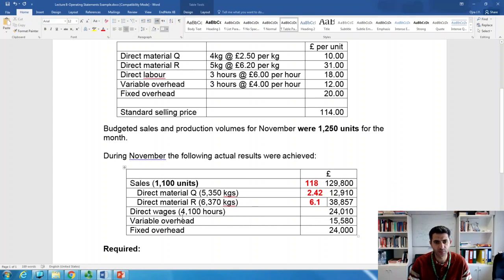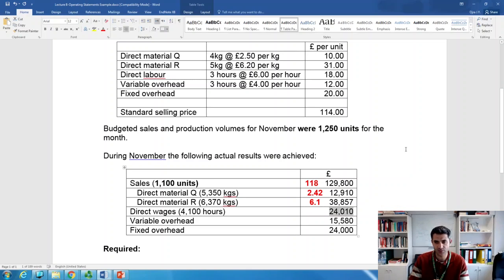In terms of direct wages or labor, we have £6 per hour budgeted. Here we have 4,100 hours worked, and the actual total labor cost is 24,010.